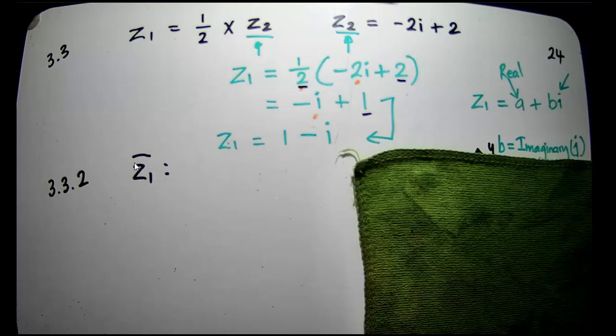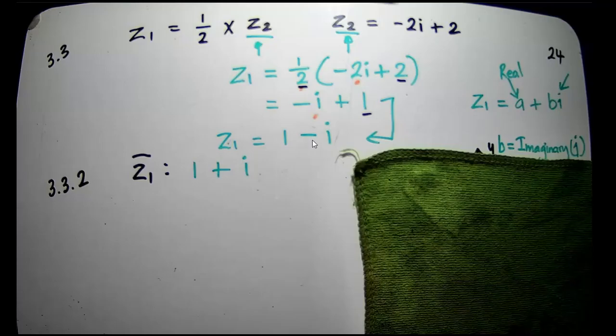So the conjugate is denoted with this little line on top. So z1 with the little line on top like that. And that means the conjugate. Now remember, the conjugate will only flip the sign of the imaginary number, not the real number. So the first one is the real number, and the second one is imaginary. So that i stands for the imaginary number. So writing that, we'll get 1 plus i.